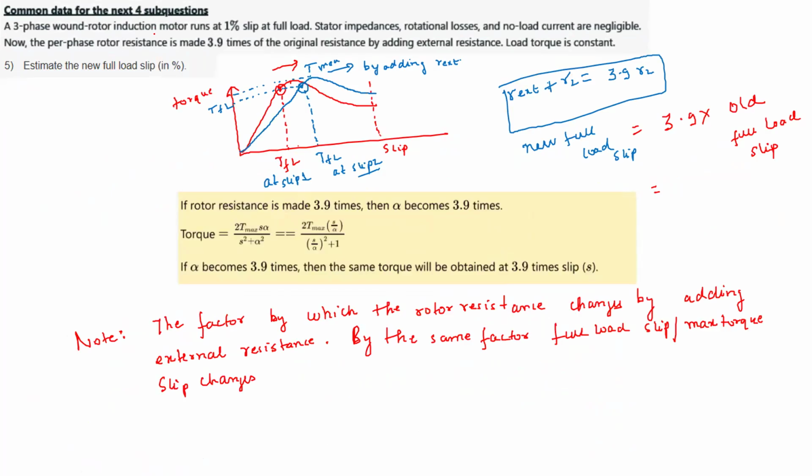They have given it in the question only. They have given 1% slip at full load, because this is the new question. So this was 1%. So 3.9 times 1% is 3.9%. This is the new full load slip, because the full load was earlier happening at 1% slip. Now the new full load slip will be the same factor, 3.9 times the old full load slip.